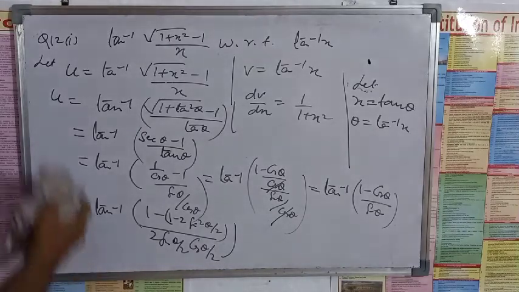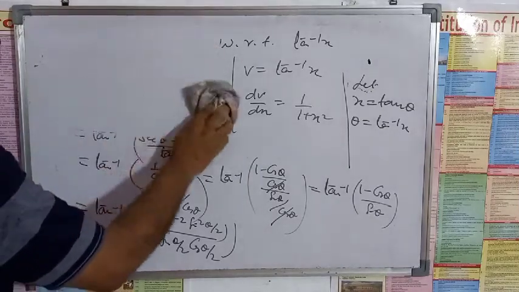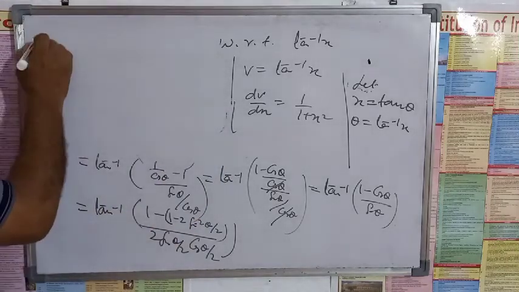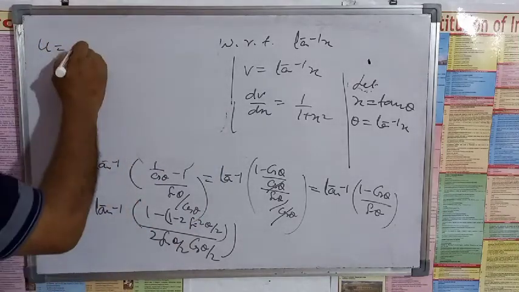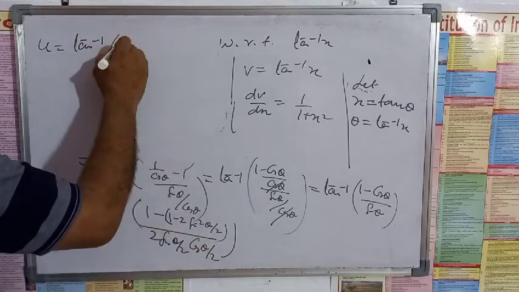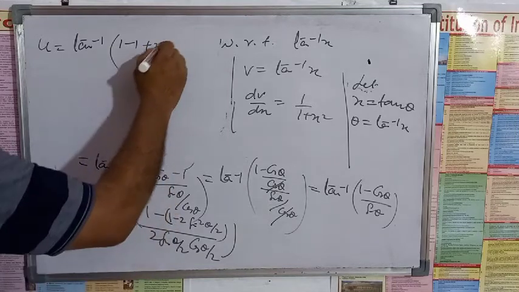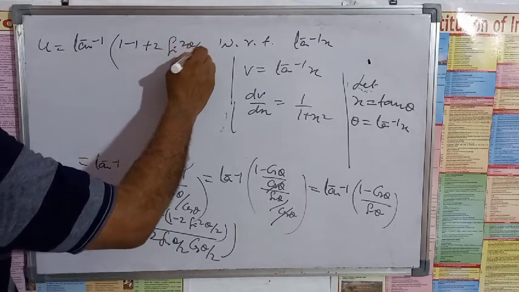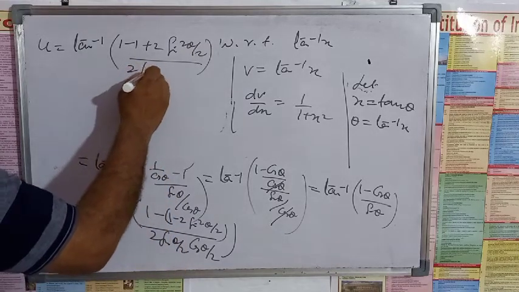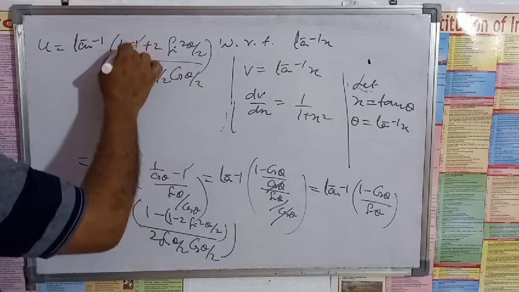Simplify it. So u is equal to tan inverse, open the bracket, 1 minus 1 plus 2 sine square theta by 2, whole upon 2 sine theta by 2 cos theta by 2.